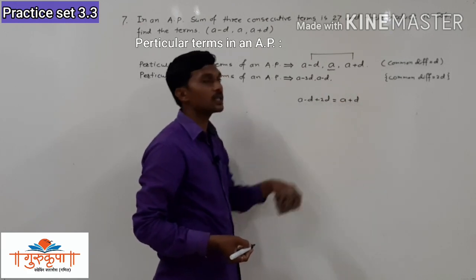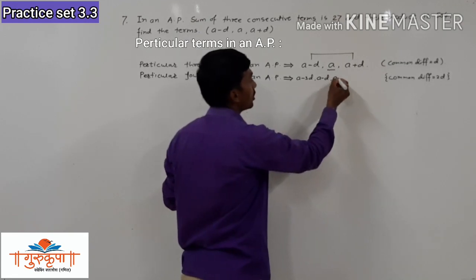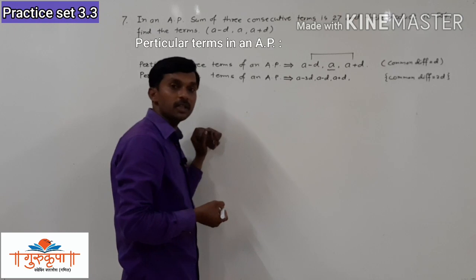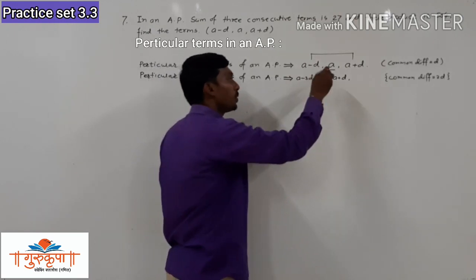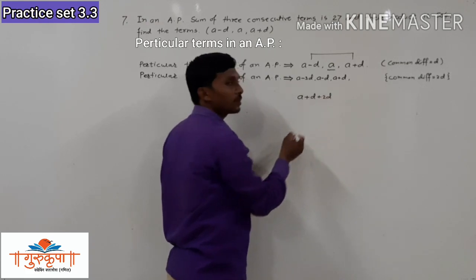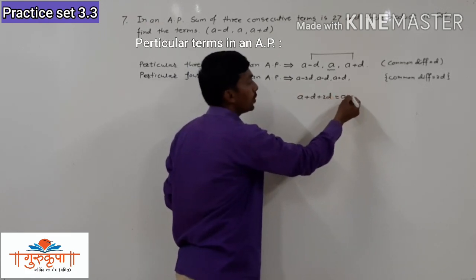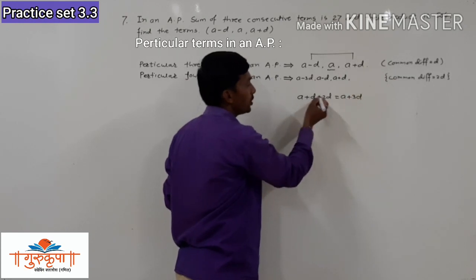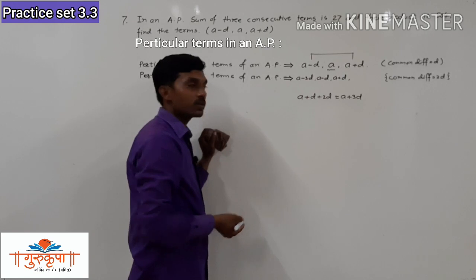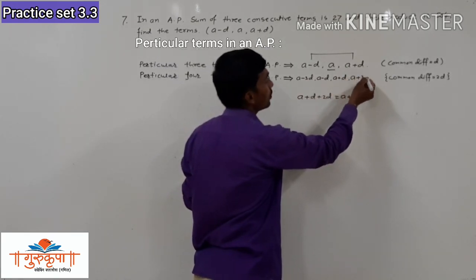So the third term is a plus d. Now add 2d to this third term and you get the fourth term. a plus d plus 2d is equal to a plus 3d. Positive 1, positive 2, equal to positive 3. So the fourth term is a plus 3d.